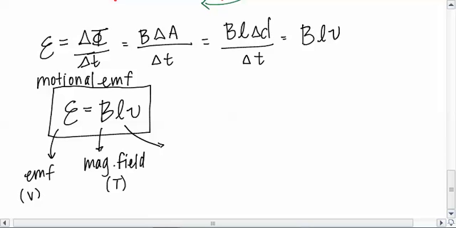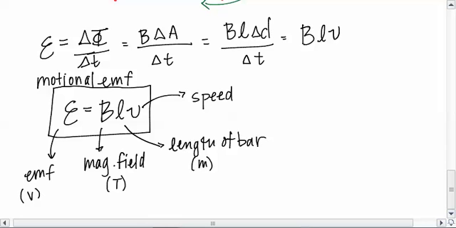This is the length of the bar, and it's in meters. This is the speed of the bar. Now I say speed because we're going to use the direction in our right-hand rule to figure out whether or not the current is clockwise or counterclockwise. So all we need is the amount there. So the speed, which would be in meters per second.